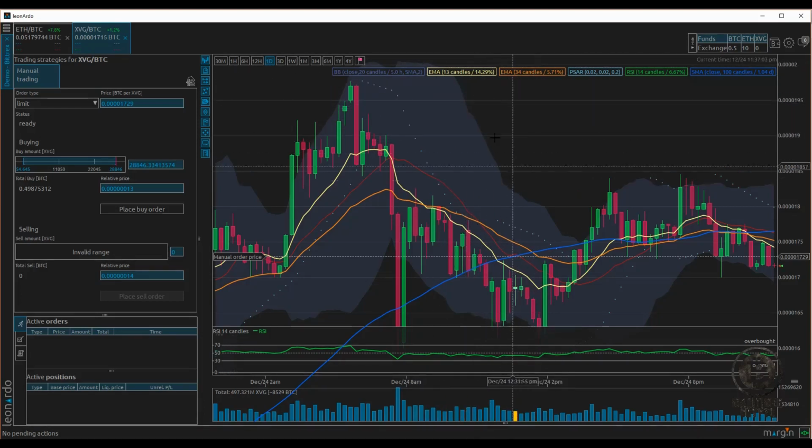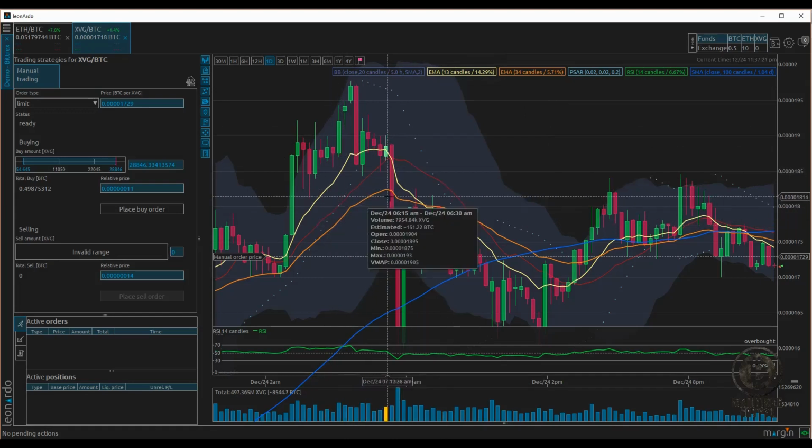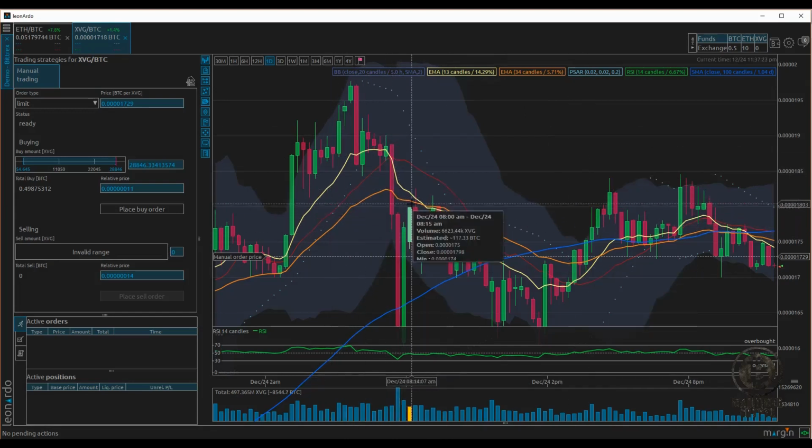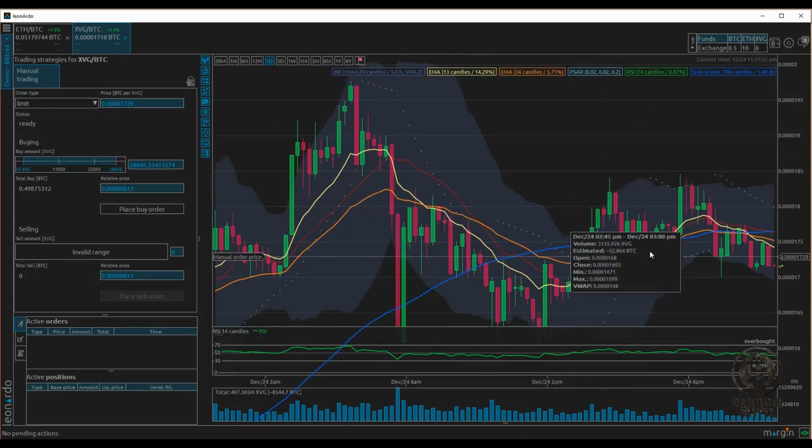Basically, for these two lines, I've got the yellow line and the orange line. How I use it is that if the yellow line is below the orange line, then it's a buy signal. That means it's a good time to buy.